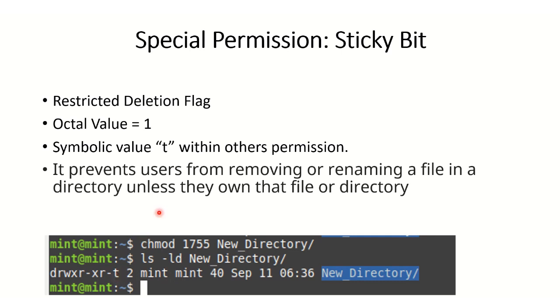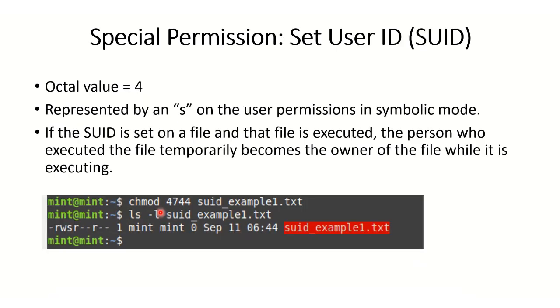Now the second special permission we are going to talk about is set user ID. It is associated with octal value of 4 and represented by S on the user execution permission in symbolic mode.